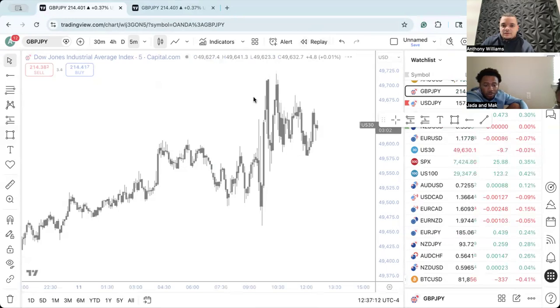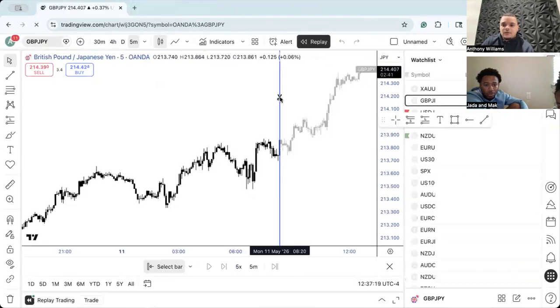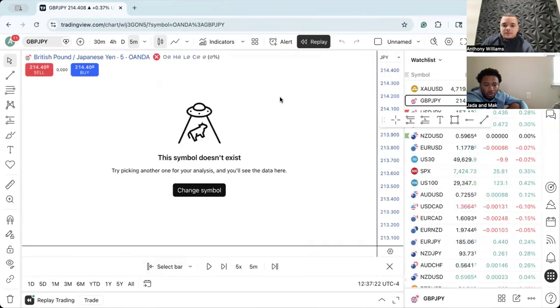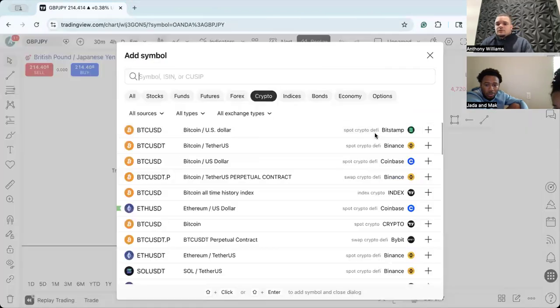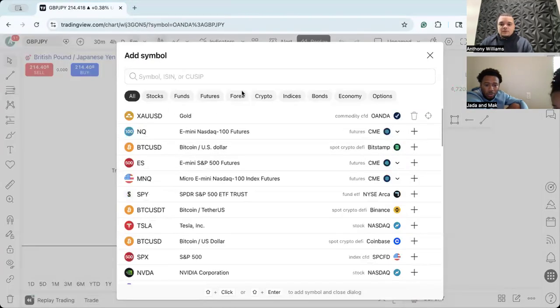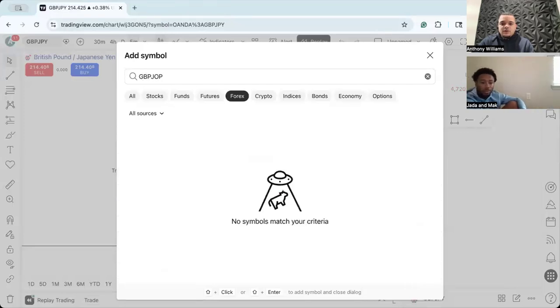Reload. Replay. This symbol doesn't exist. What is going on? Let me close all this out. Maybe too much is going on. Forex, GBP, JPY.